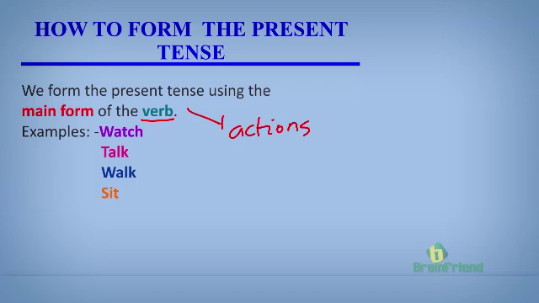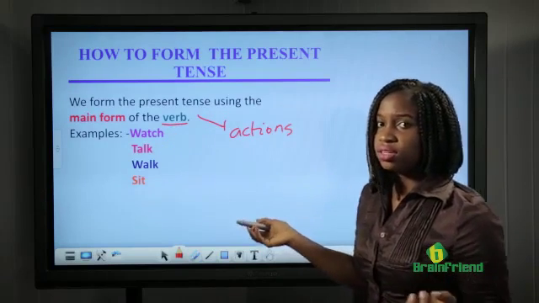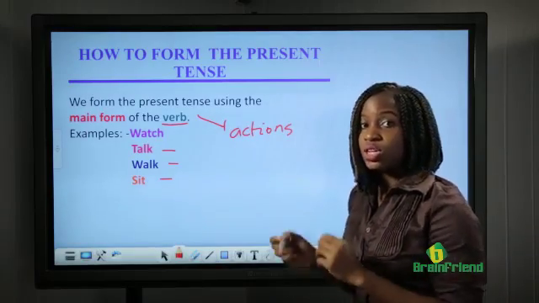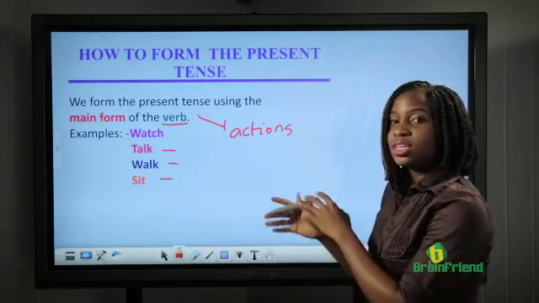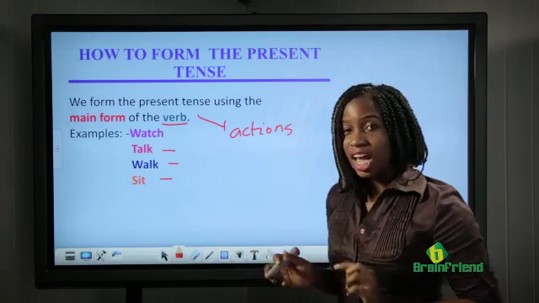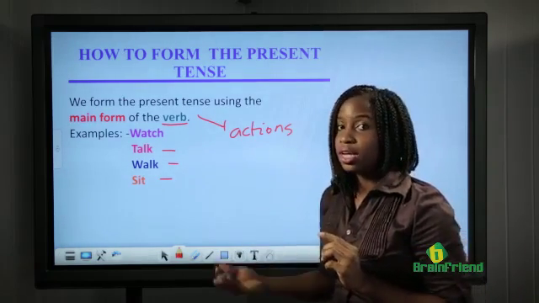So let's list some actions that we carry out. You watch TV, you talk, you walk, you sit. In the present tense, we use these verbs just the way they are. We don't have to add anything or remove anything, except in special occasions, which we are going to learn about.